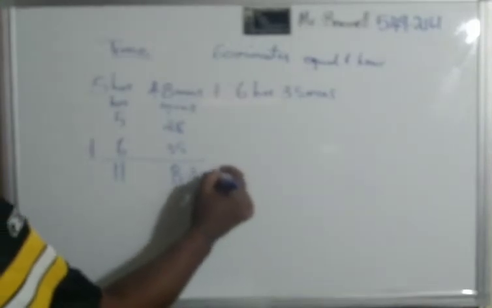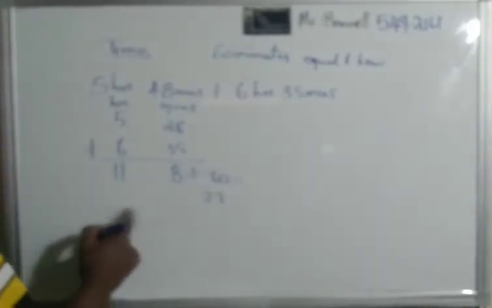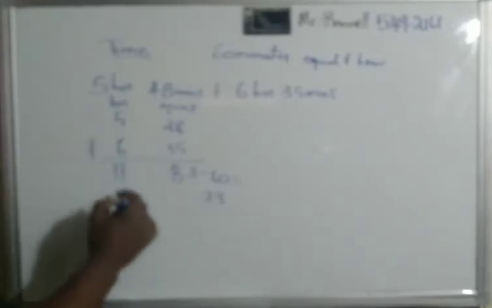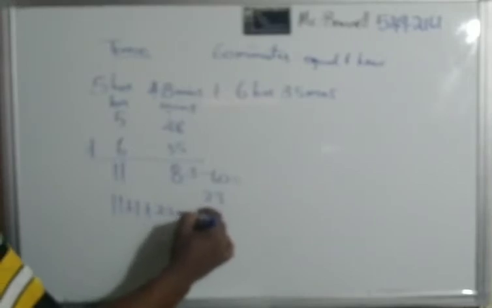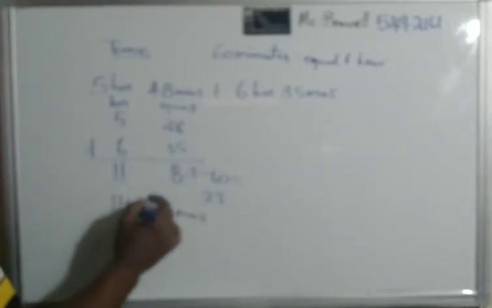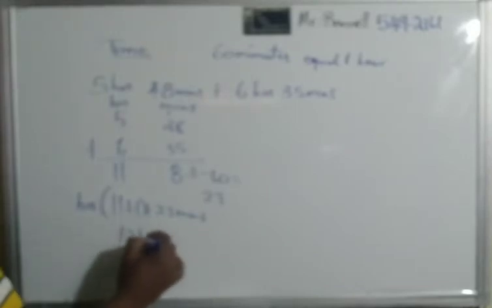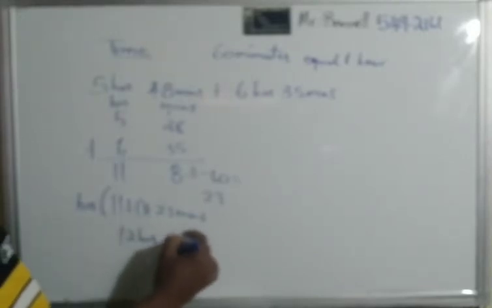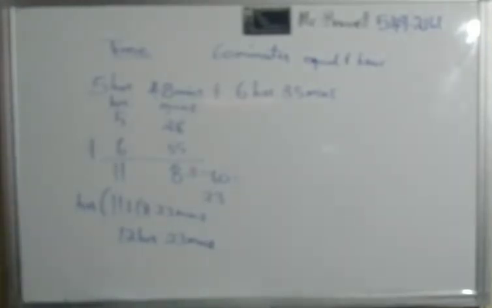So we subtract 60 and we get 23, right? So the 1 hour will go to this, so it will be 11 plus 1 hours plus 23 minutes. And we get 12 hours, 23 minutes. Ta-da! Simple, guys.